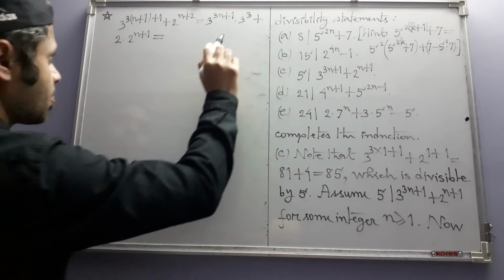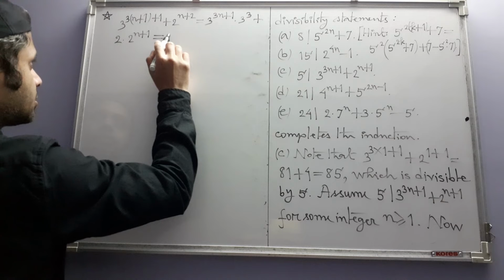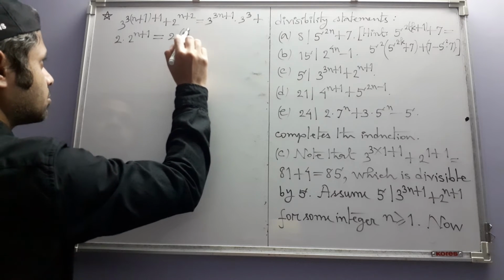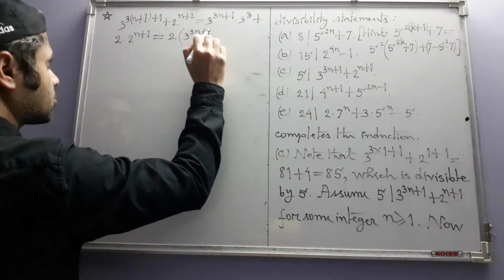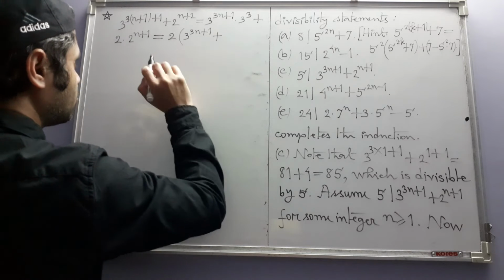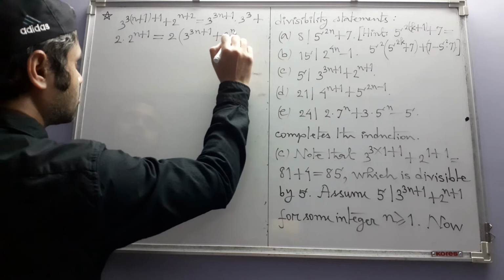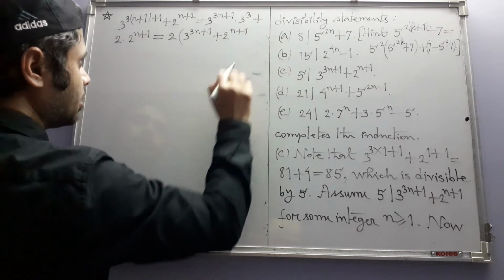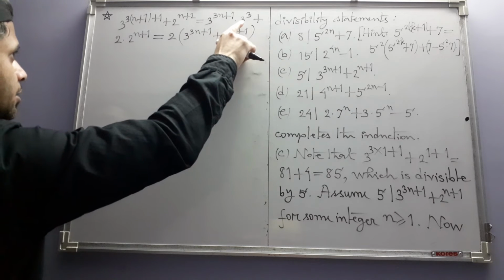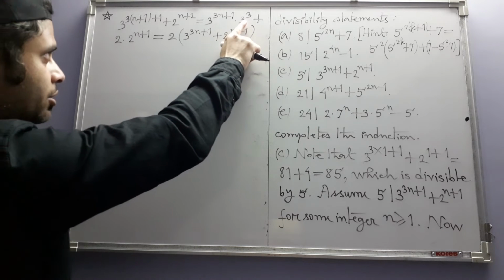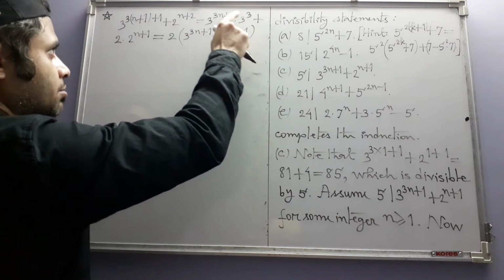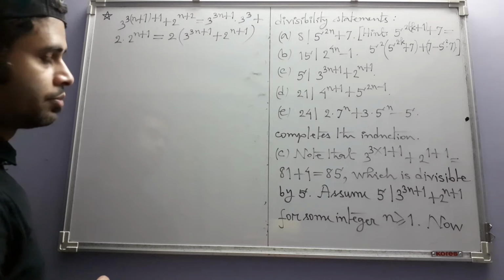So let us write like this: 2 times 3 to the power 3n plus 1 plus 2 to the power n plus 1. Here we originally had 27 number of 3 to the power 3n plus 1.